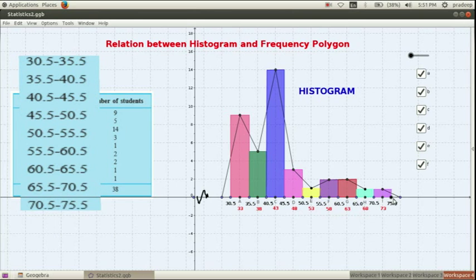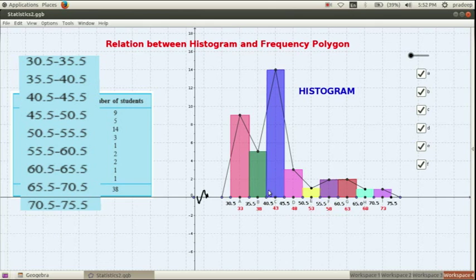The distance between the mid values should be maintained here also. And by joining these last points with the x-axis, we will get a polygon.